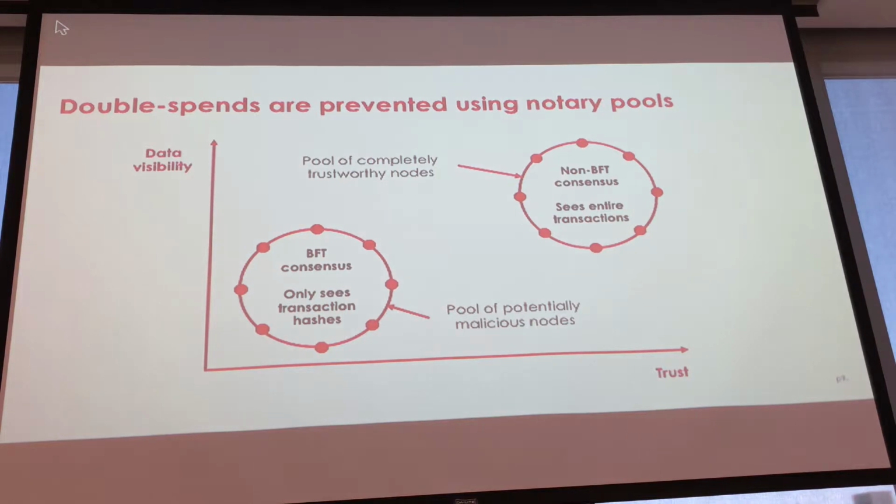And perhaps there'd be a pool which would use a very high speed consensus algorithm like Raft. But then if you don't trust the notary to see your transactions, which is generally the case, right, then you use something like this. So the notary won't see the transactions, it'll just see the hashes of the transactions. So it can't recover any information, so it doesn't know what it's signing. And so that's one layer of protection.